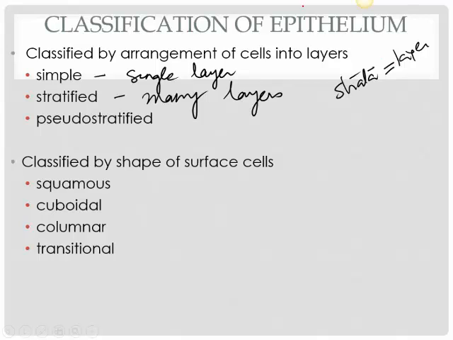In between the two, you have something which is called pseudostratified. Pseudostratified means it's in between. Pseudo means false, so false stratification. It's not truly stratified, but looks like it is.